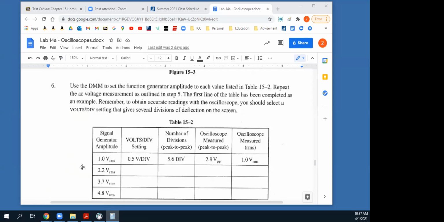And now I can measure up divisions. 1, 2, 3, 4, 5, 6.2. 6.2 divisions times 1 volt per division is 6.2 volts peak to peak.